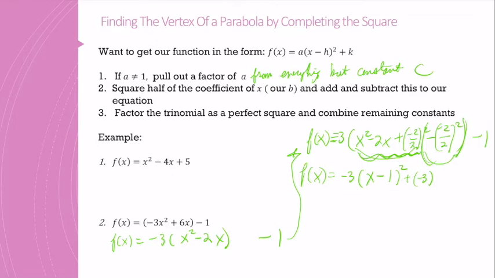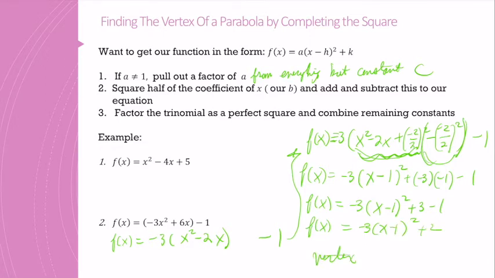Negative 2 divided by 2 is negative 1. Squared is 1, minus 1 is negative 1 minus 1. So f of x equals negative 3 x minus 1 squared plus 3 minus 1. So f of x equals negative 3 x minus 1 squared plus 2. So our vertex is when x is 1, y is 2.